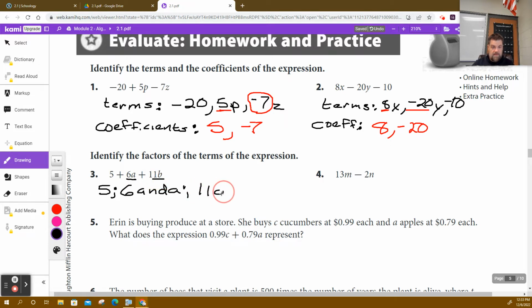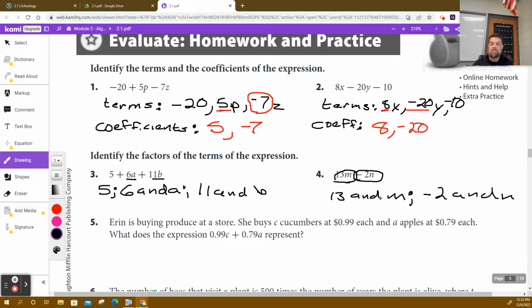So the factors are 11 and b. What about over here? Well, this is 13 and m and negative 2 and n. Does that make sense? So those are the factors. This is a term. This is a term.